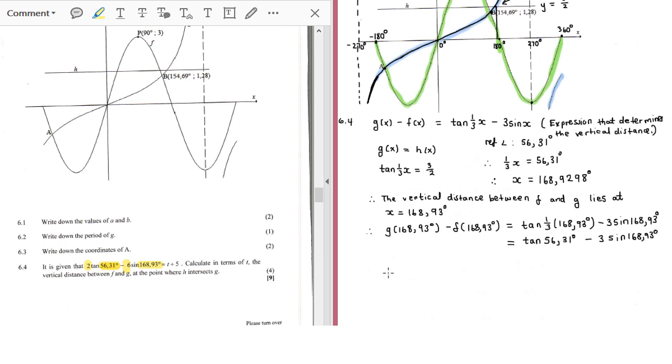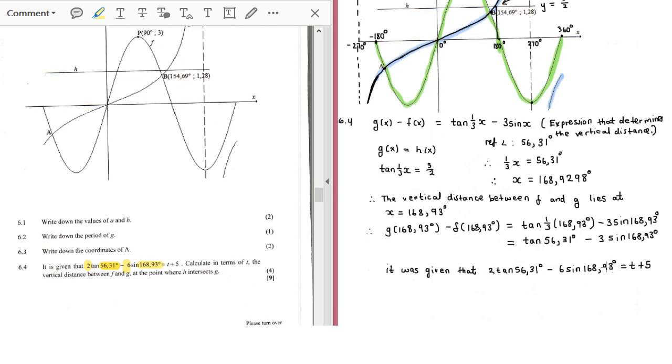So it was given that 2 tan of 56.31 degrees minus 6 sine of 168.93 degrees is equal to t plus 5.